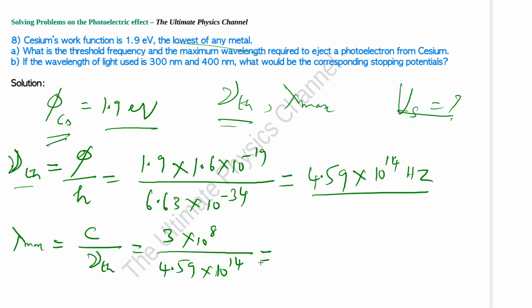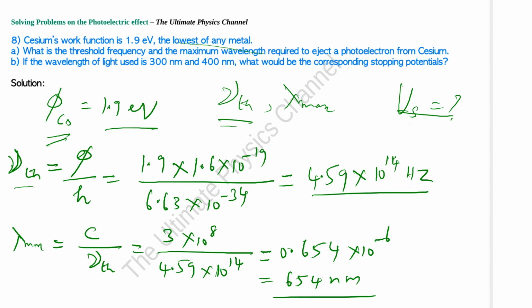If it works out, this would be 10 power minus 6, because the numerator, if you plug in 3 over 4.59, would be about 0.654, let's say, into 10 power minus 6, or I can write this as 654 nanometers.